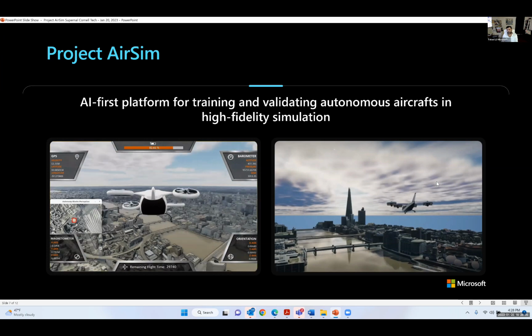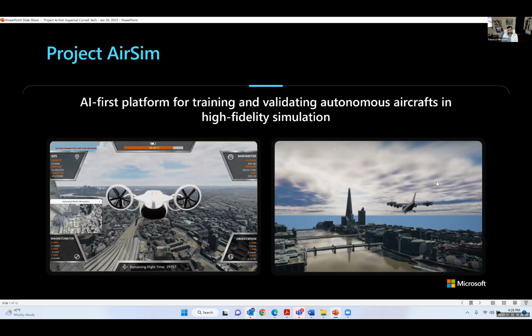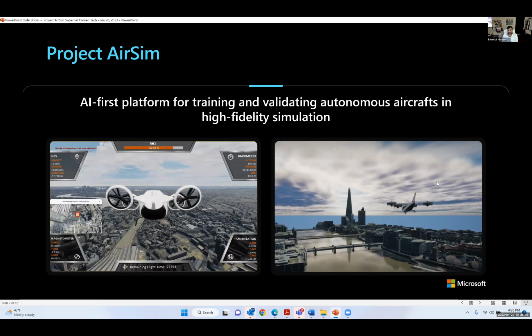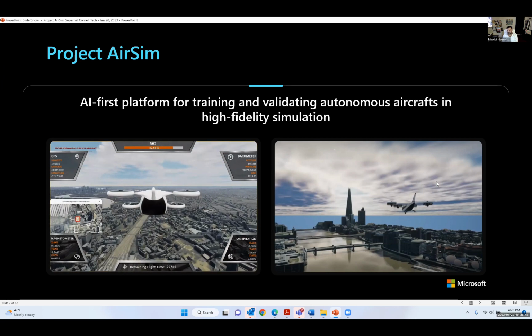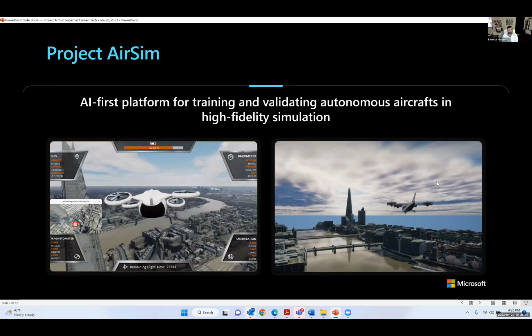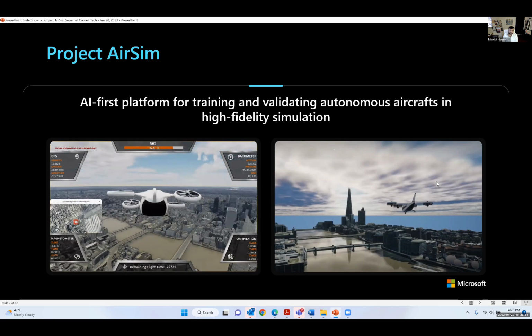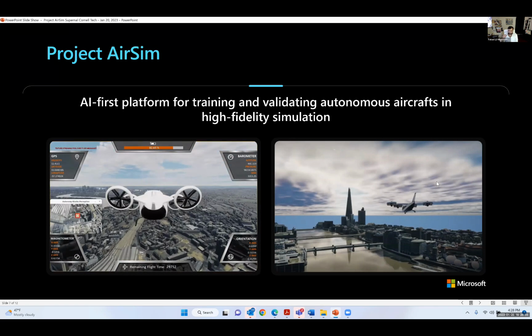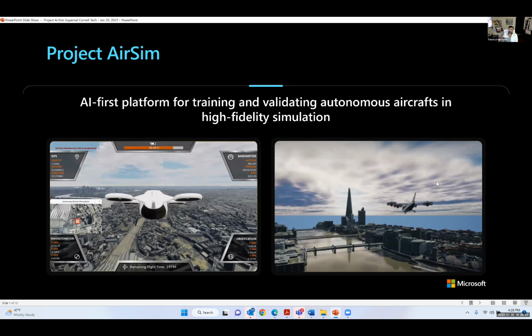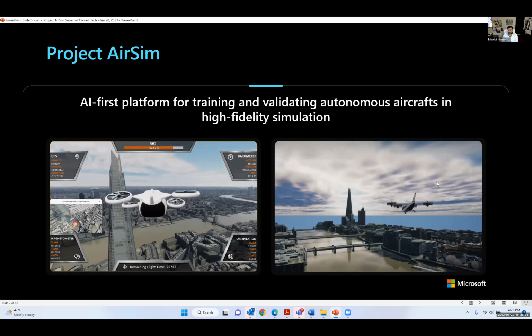He is now the president of Hyundai Motors' Urban Air Mobility Division, and CEO of Supernal, which is a wholly owned flying car company based in the US for Hyundai. They're using AirSim to build their aircraft, doing a lot of validation and testing, but also product development in simulation.